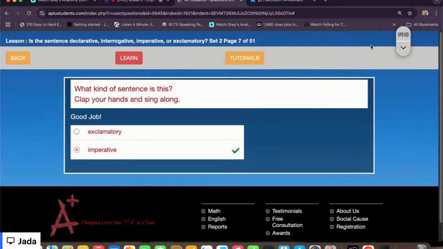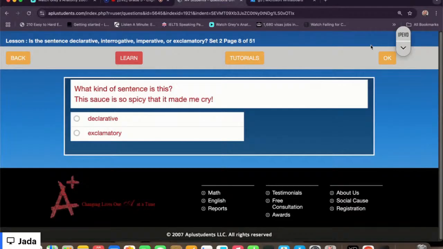Okay, this sauce is so spicy that it made me cry. Declarative or exclamatory?